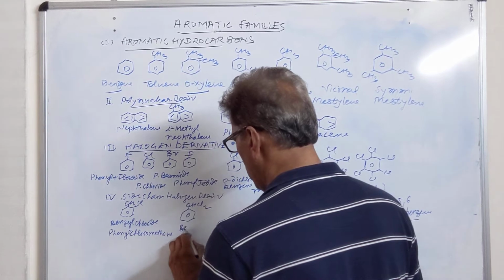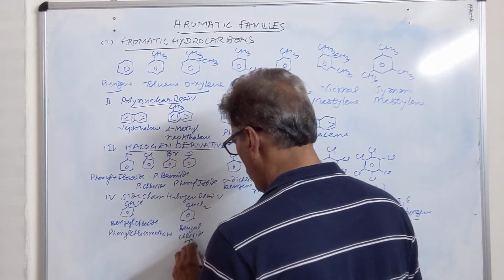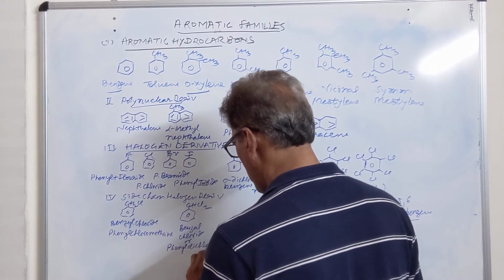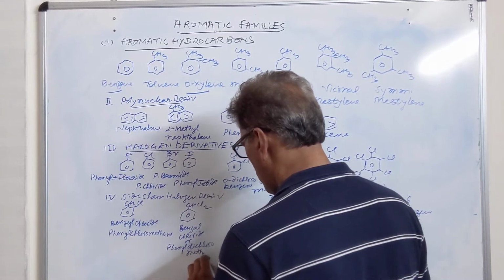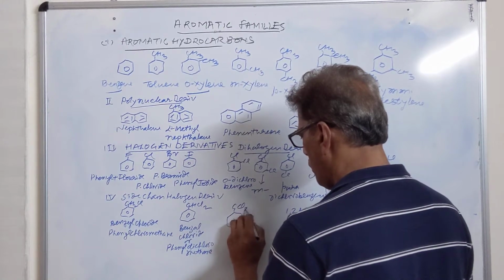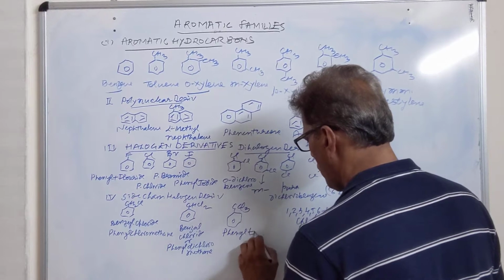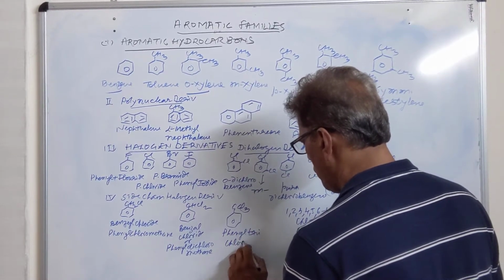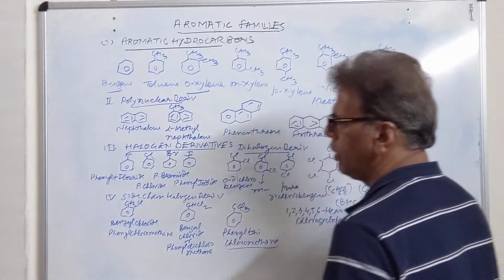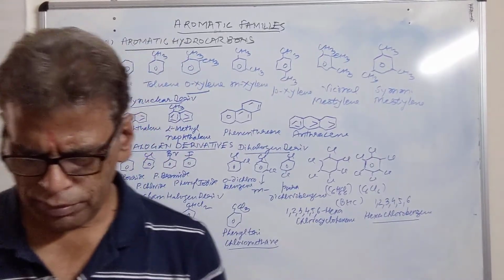This is benzyl chloride or phenyl dichloromethane. This is phenyl trichloromethane. So these are the side chain derivatives, halogen derivatives of benzene.